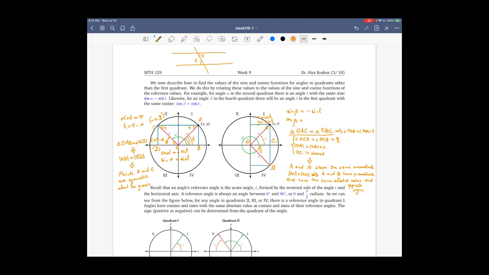And as the 2 points share the same x-coordinate, and x-coordinates are related to cosines of respectively beta and t, we have that cosine beta equals cosine t. And again, just like in the first example, in this example, we have related sine and cosine of an angle in quadrant 4 to sine and cosine of an angle in quadrant 1. It's usually a simple task. Sines and cosines are equal up to a sign.